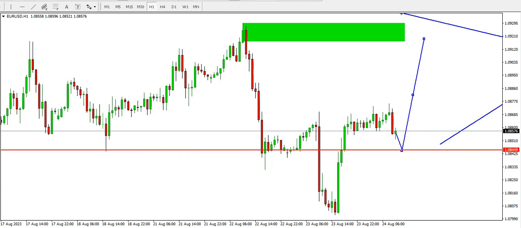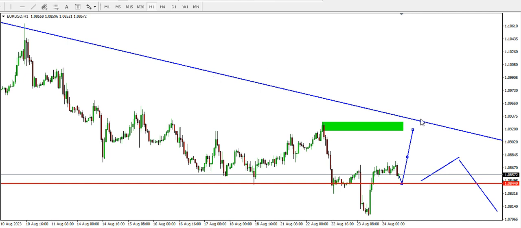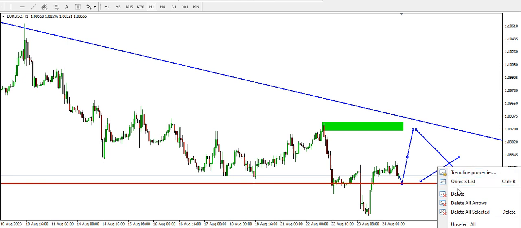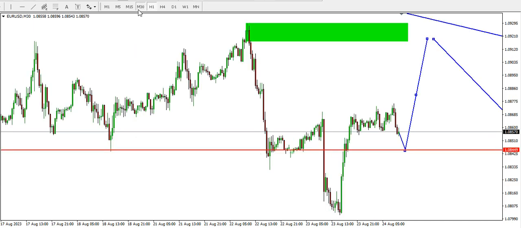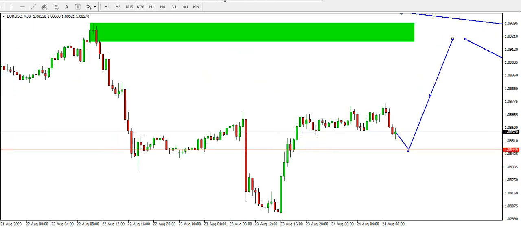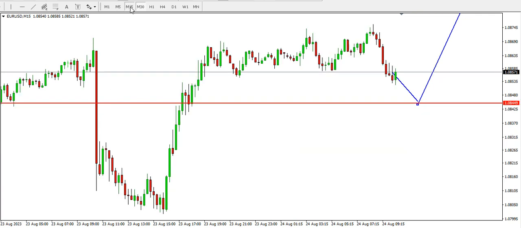It is in confluence with this descending trend line for price to possibly continue to drop. So the overall direction is still bearish. All right, for the 30 minutes time frame, price is bearish. For the 15 minutes time frame, it's ranging.